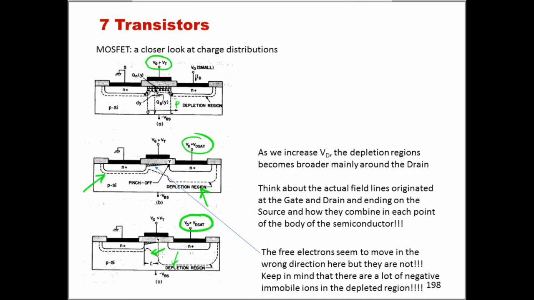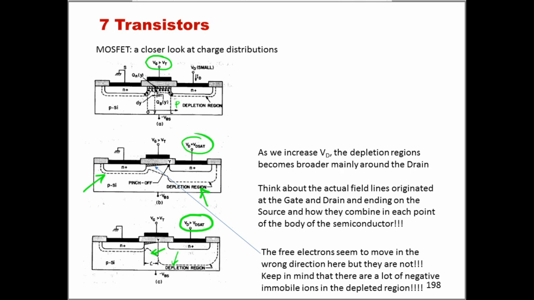And this is what causes also the pinched characteristic of our transistor, and the saturation and so on.